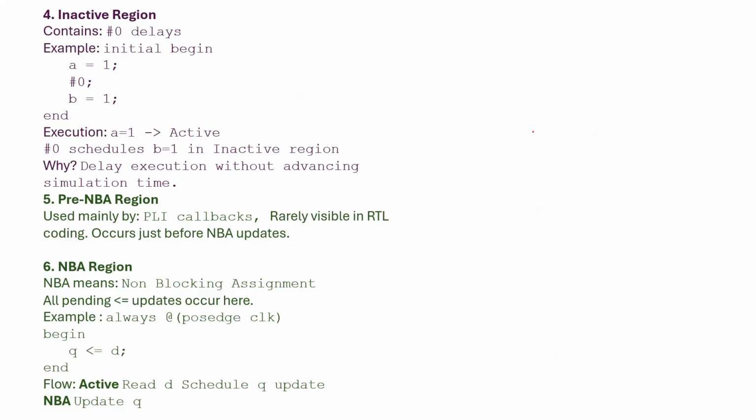Previously you have seen A equal to B and B equal to A. If before that you apply the #0 statement, then swapping of the two numbers will be executed, because the #0 statement avoids the race condition, and it takes a tiny bit of time. Say A equal to 1 and then #0, B equal to 1; both will be executed in this region.